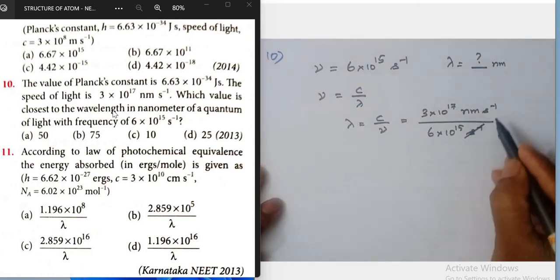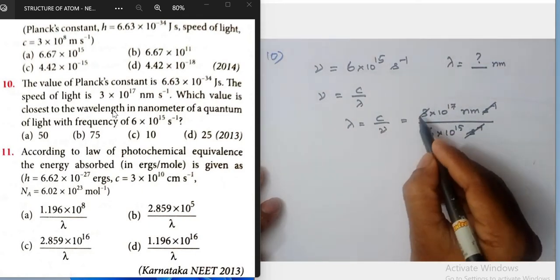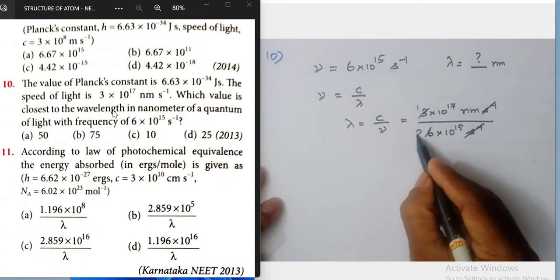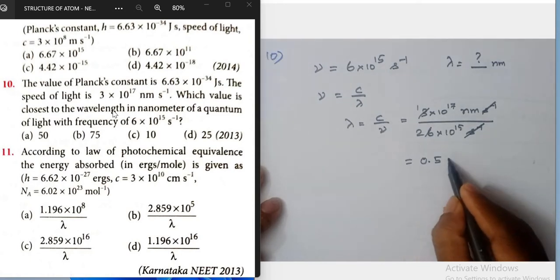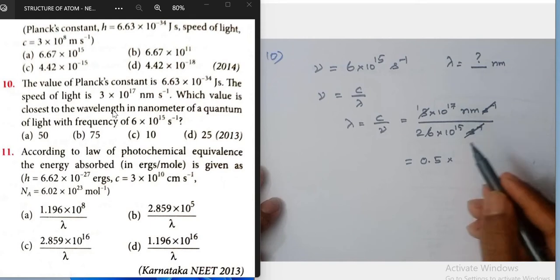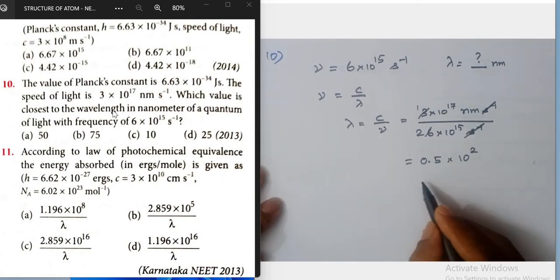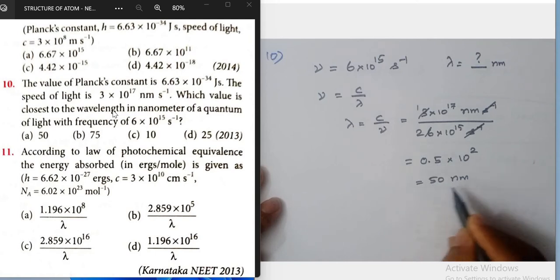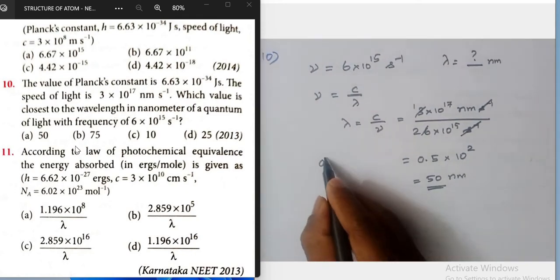Second inverse cancels. 1 3 is 3, 2 3s are 6, so 1 by 2, which is 0.5 into 10 power 15. If I bring it to the numerator, I will get 10 power 2. If I multiply this by 100, I will get 50 nanometers. Take note. So the correct option for this question is option A.